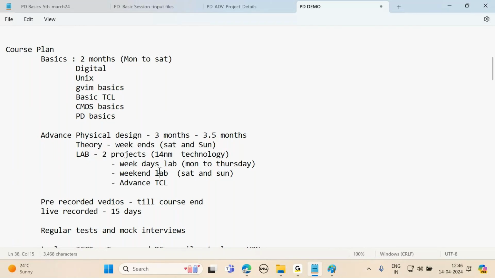The student who is opting for weekdays should attend only the weekend theory class on weekends, and on weekdays they can attend lab classes. Weekday lab and weekend lab are different. Don't attend both. You'll get confused. Attend any one.